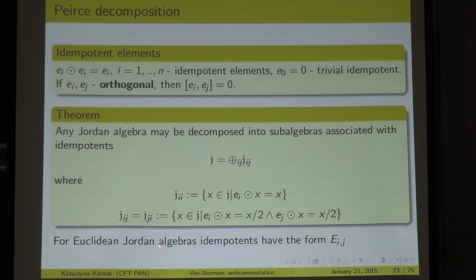For Euclidean Jordan algebras, they belong to the family of algebras of Hermitian matrices over a field, for example, real or complex numbers. Idempotent elements are simply the matrices with only one diagonal non-zero element. And this is the formula to determine the subalgebras.